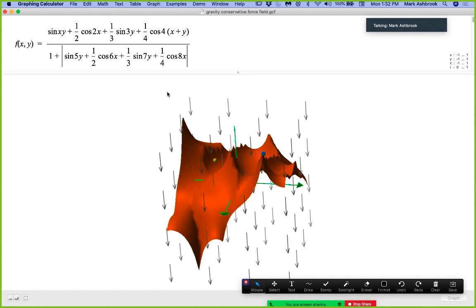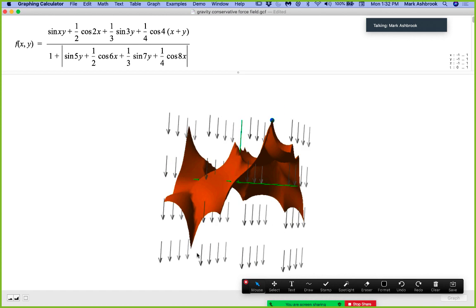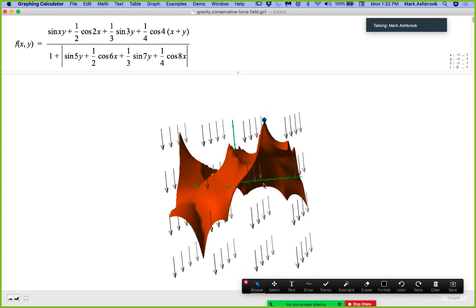And those mountains are modeled by this multivariable function. Slightly complex, okay? It's a rational function of sine and cosine terms.